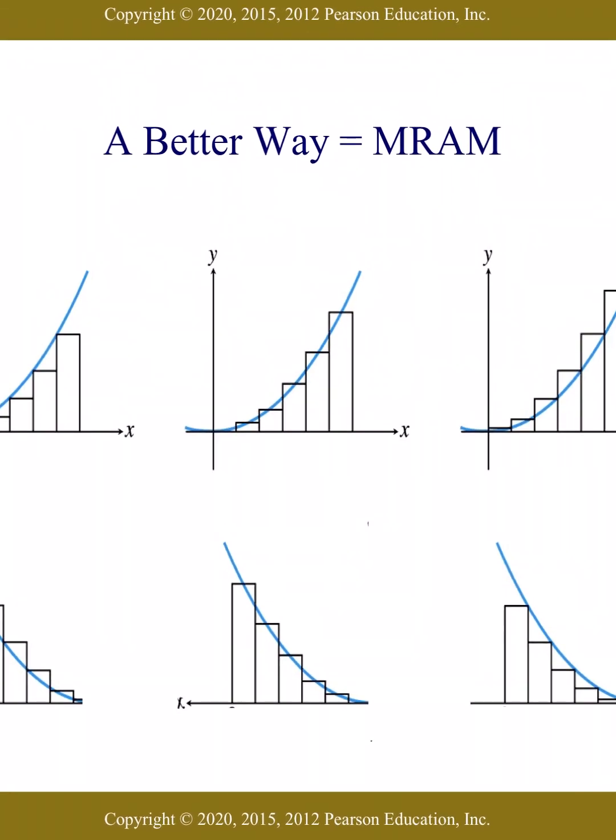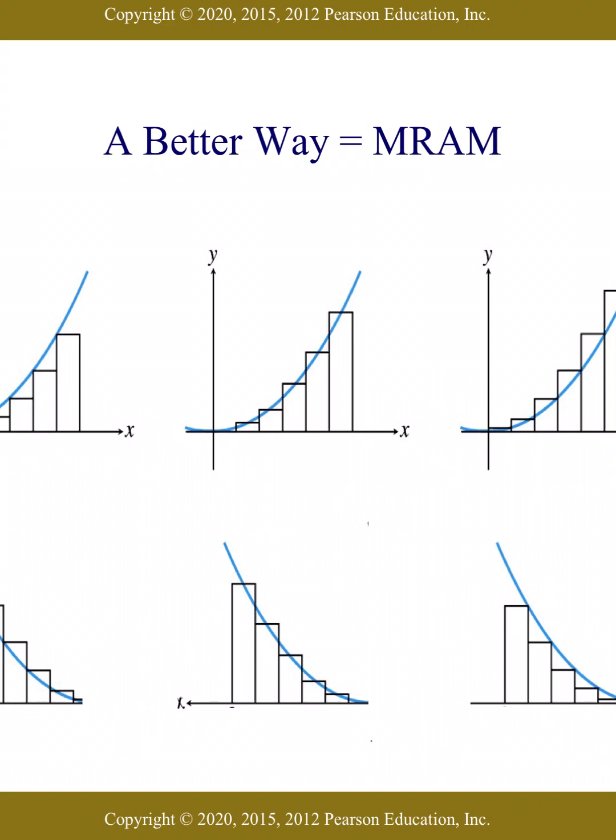So today we're going to introduce the idea of MRAM. So you had LRAM and RRAM. So what do you think M stands for? Midway. Okay, the middle or the mid, which is not the same as the average. It is a common misconception to think that the midpoint is an average, but that's not true. The only time that would be true is if we were dealing with linear functions.